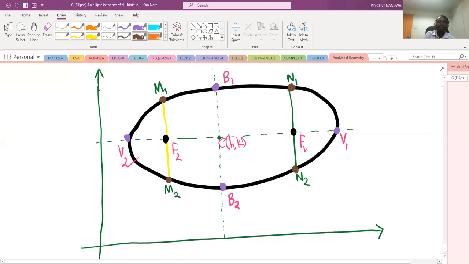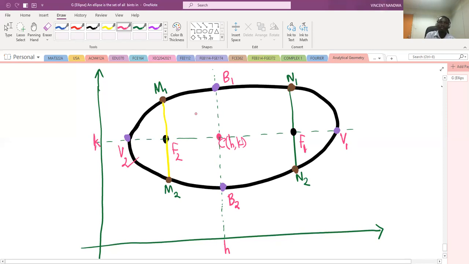So to be able to identify the coordinates, what we already know is that the distance from the center to the vertex is a units, the distance from the center to the focus is c units, and the coordinates of the center is (h, k). Those are the only things that we know. So if this is where we have the center, then this must be h, and this must be k.